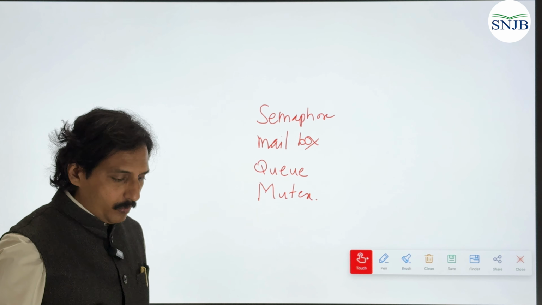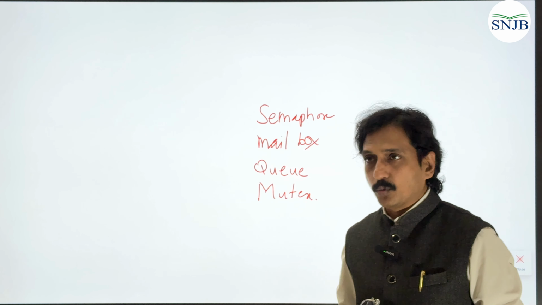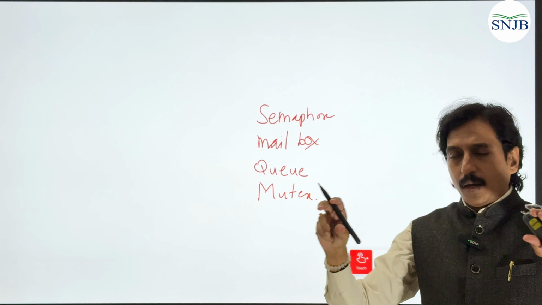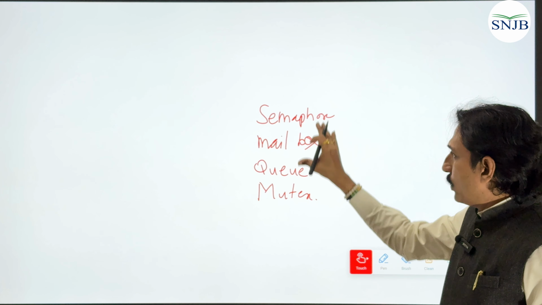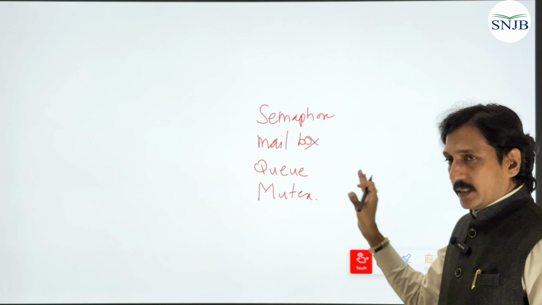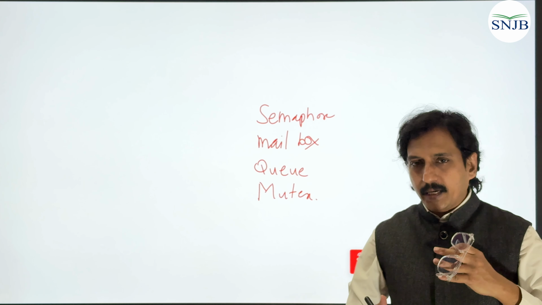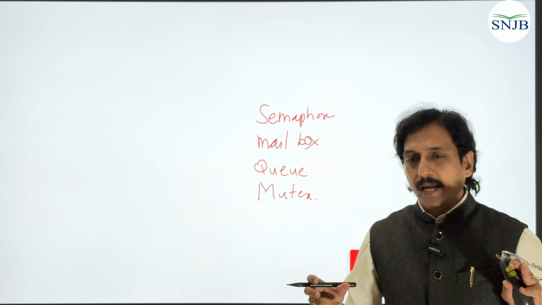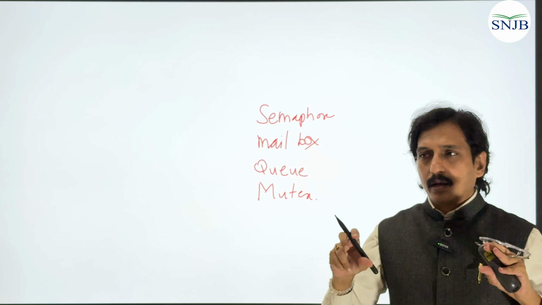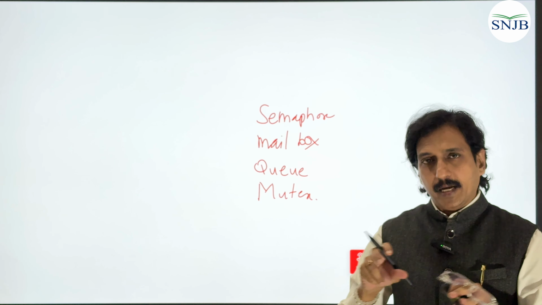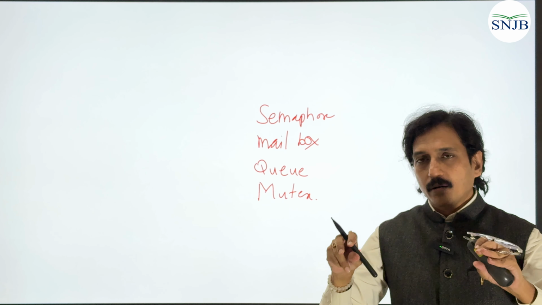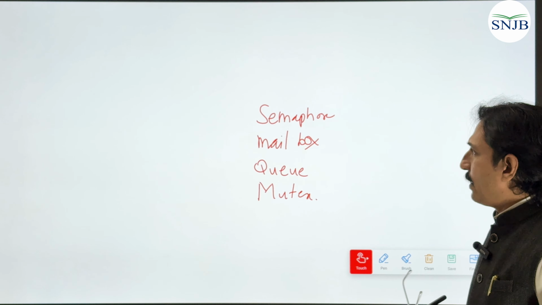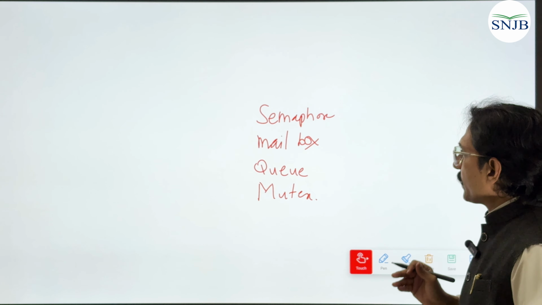These are a few real-time operating system objects where our two tasks can communicate with each other, so that there is perfect synchronization between those tasks and they cannot interfere with each other or damage the resources of each other. This is the fundamental objective of these objects.